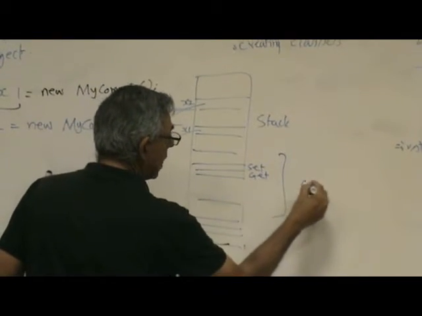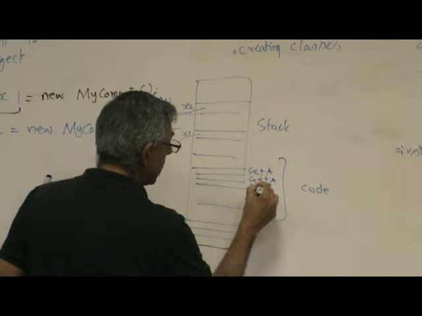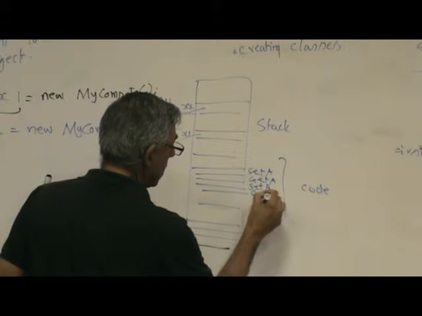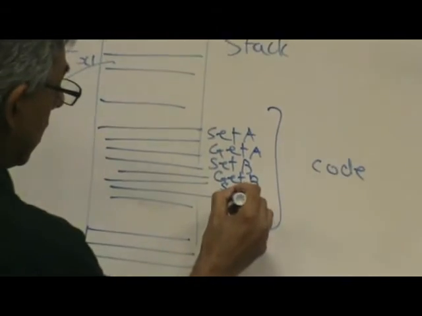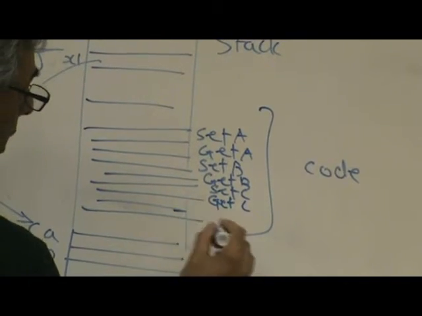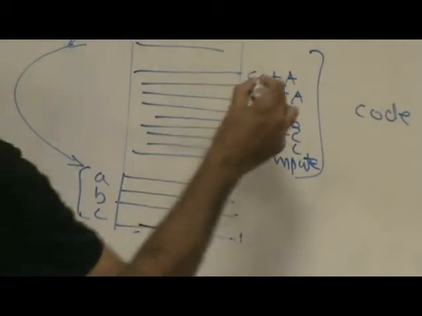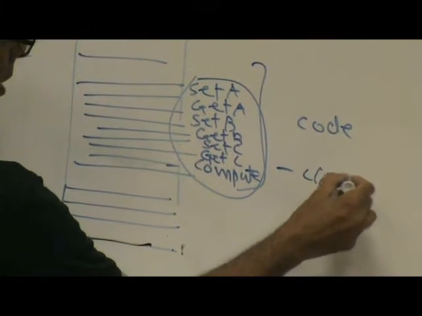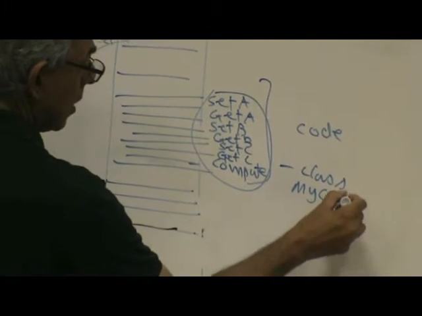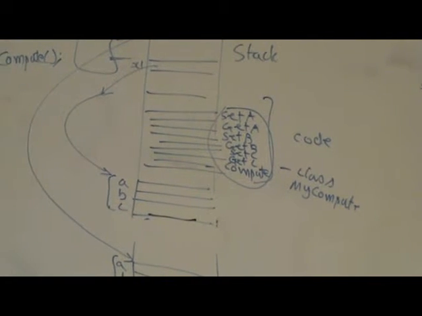This is our code area: set A, get A, set B, get B, set C, get C, and one more function called compute. This will be for every class. So this is, for example, class myCompute.